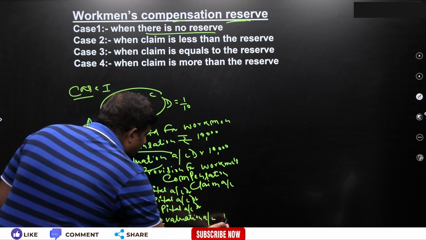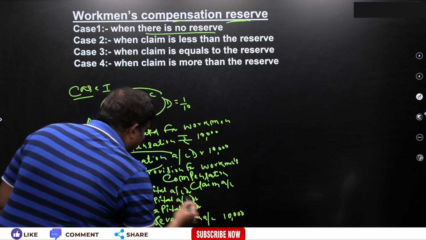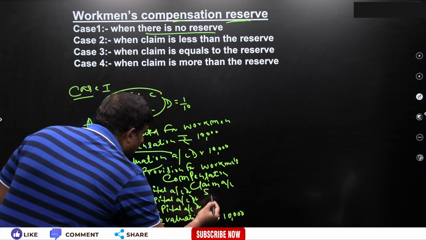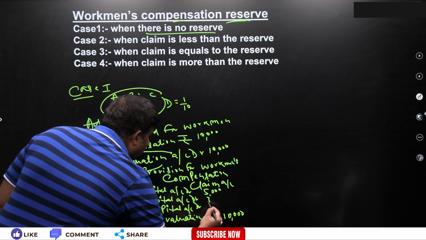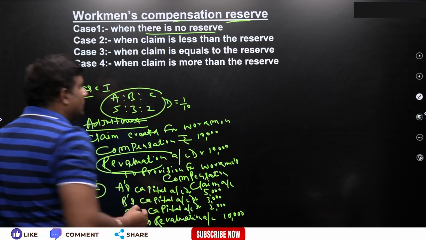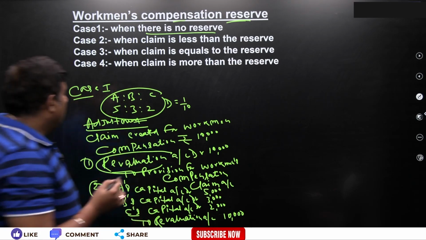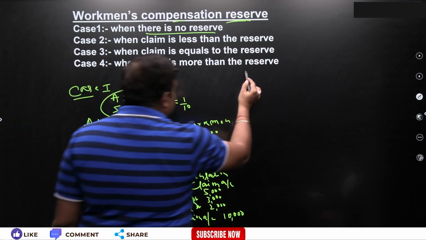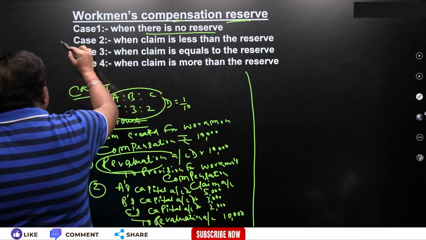This 10,000 loss has to be given to the old partners in their old profit and loss ratio. So 5,000 should be given to A, 3,000 to B, and 2,000 to C.